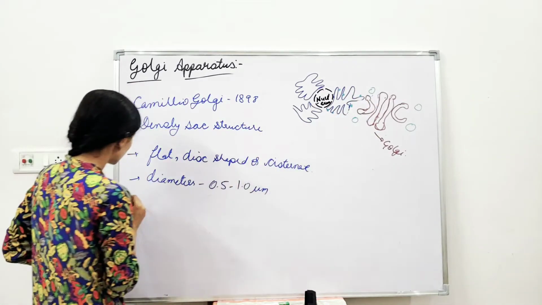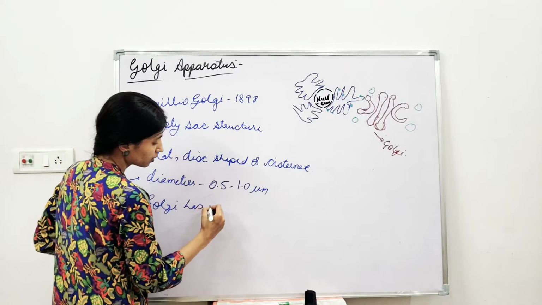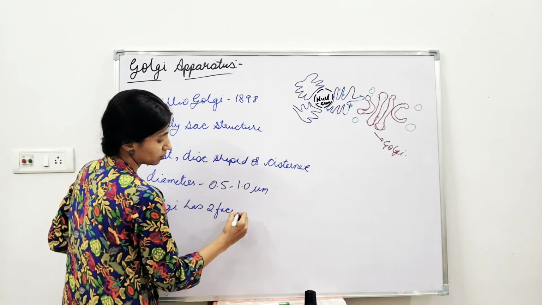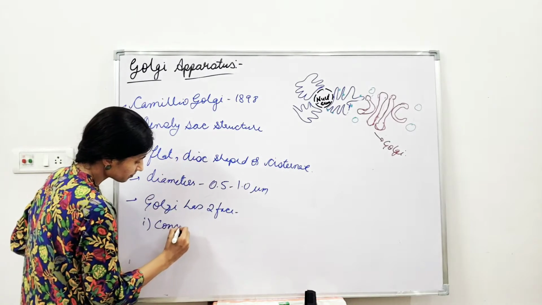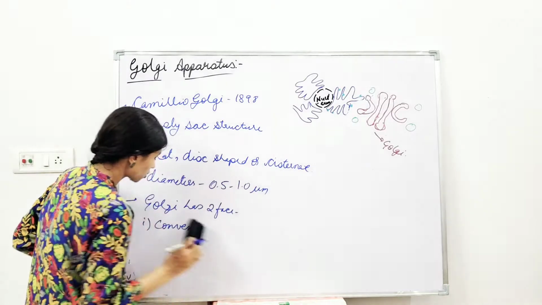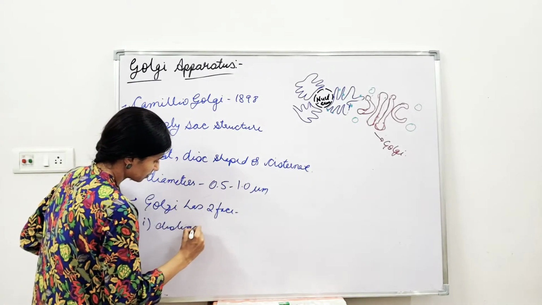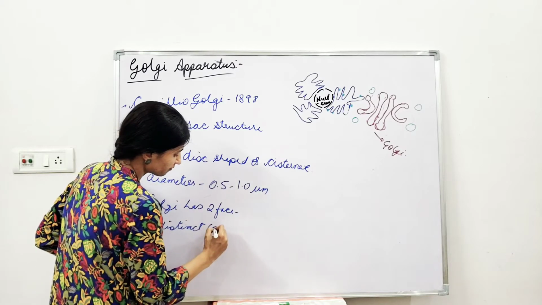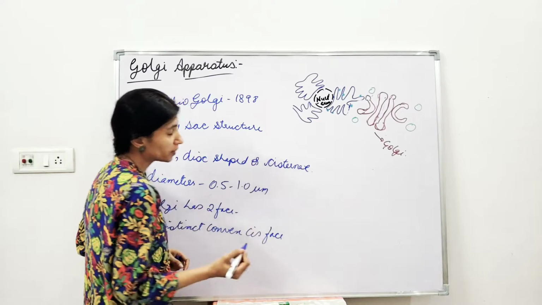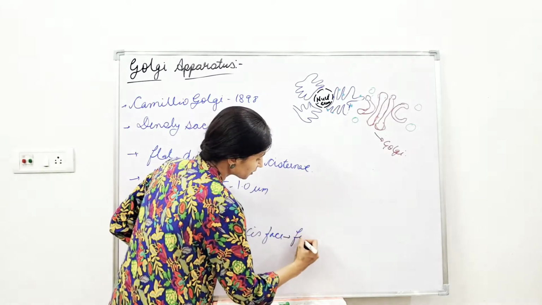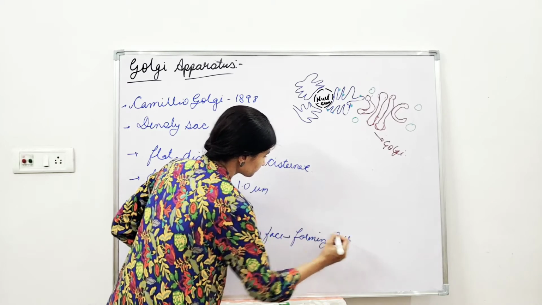So the Golgi has two faces. The first one is the convex cis face, which is also called the forming face.